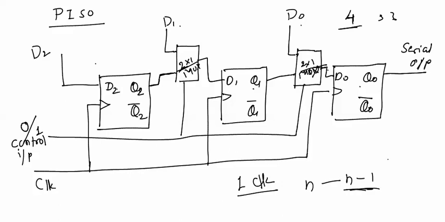So for taking the data serially at the output, there will be a requirement of n minus 1 clock pulses, and for inputting n-bit data, we will require only one clock pulse.